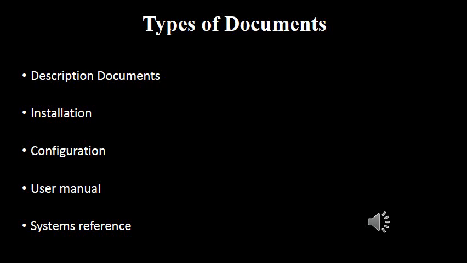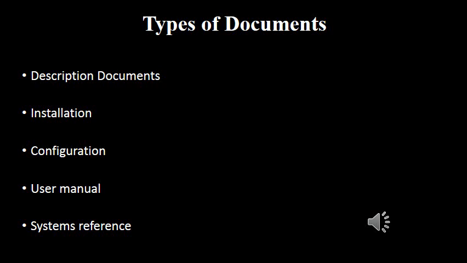First one, that is description document. This kind of document provides information on the system requirements and the services offered. The end user should be able to decide whether this is the software they are looking for after going through the introductory manual. This is called a description document.